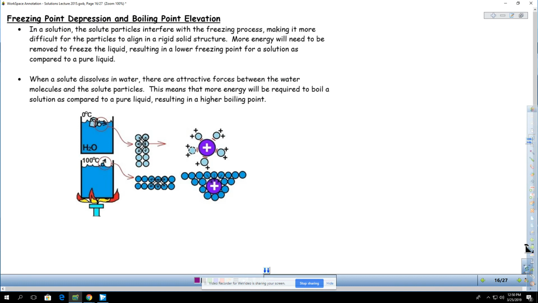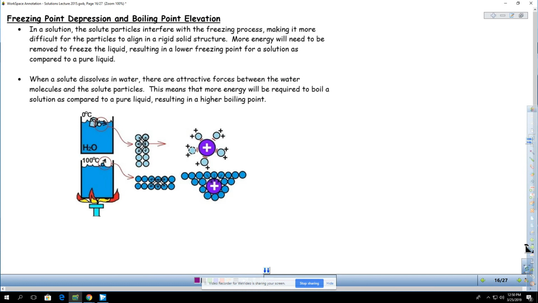It says here that in a solution, the solute particles interfere with the freezing process, making it more difficult for the particles to align in a rigid, solid structure. Okay, so let's say I've got pure water, and I want to freeze this pure water. And water is kind of interesting as a solid.